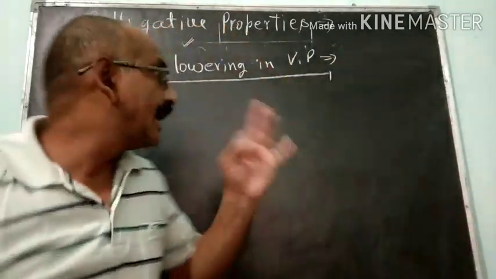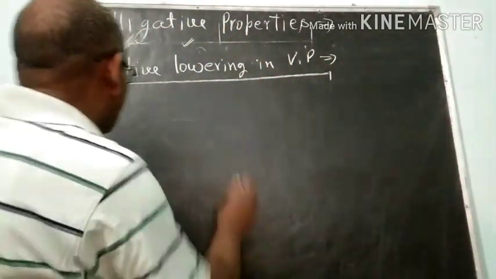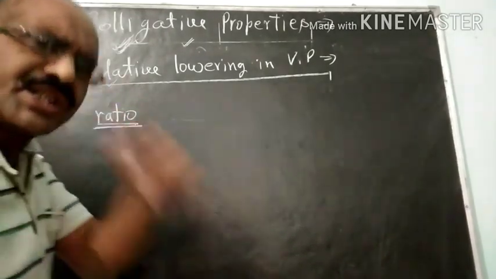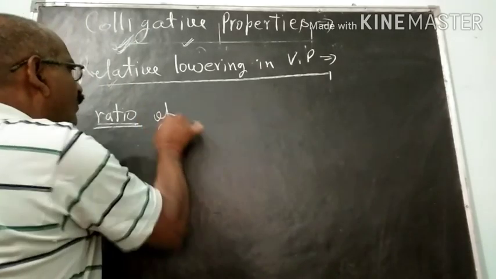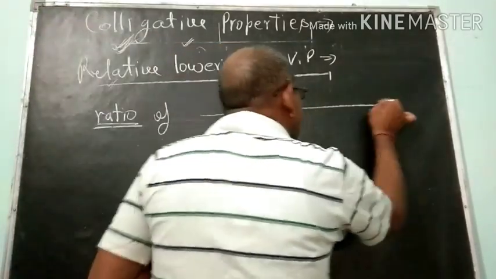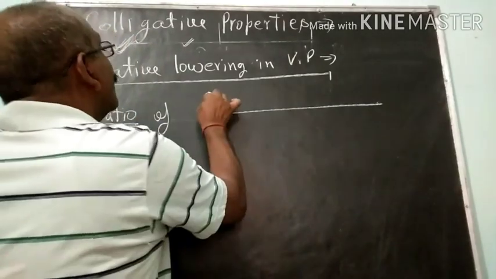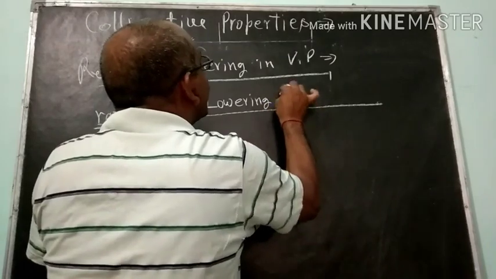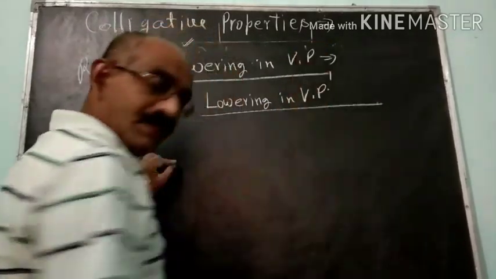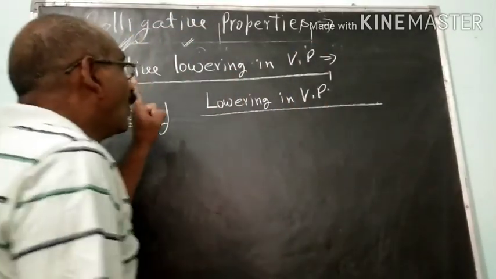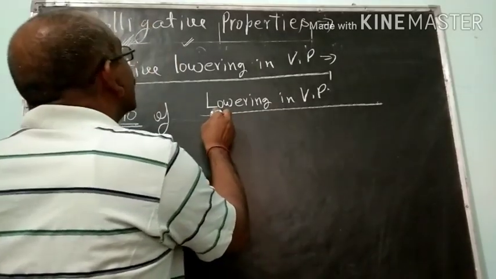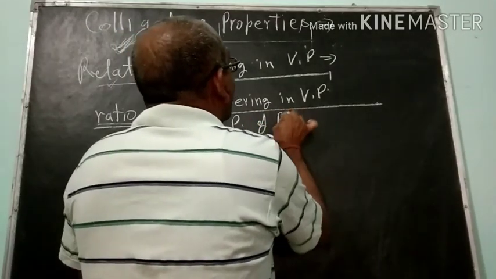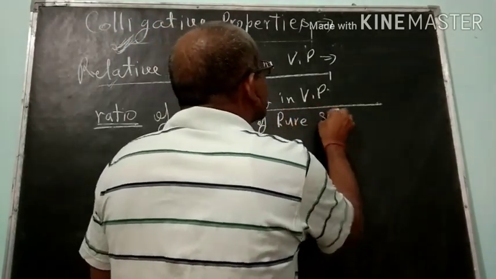Relative lowering in vapor pressure is a ratio. It is the ratio of the lowering in vapor pressure over the vapor pressure of pure solvent.